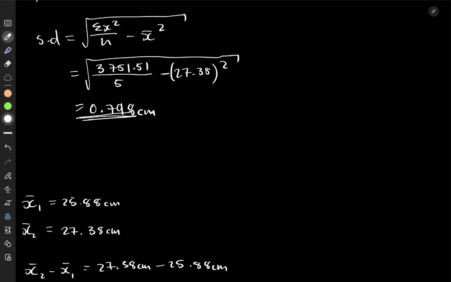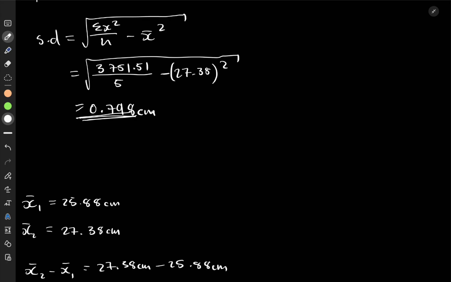Standard deviation is a measure of spread, and one thing you should know is that measures of spread are not affected by shifting all the values by a constant. All the values were 1.5 less, so our new values will be 1.5 more. If we add 1.5 to all values, it's not going to affect your standard deviation.